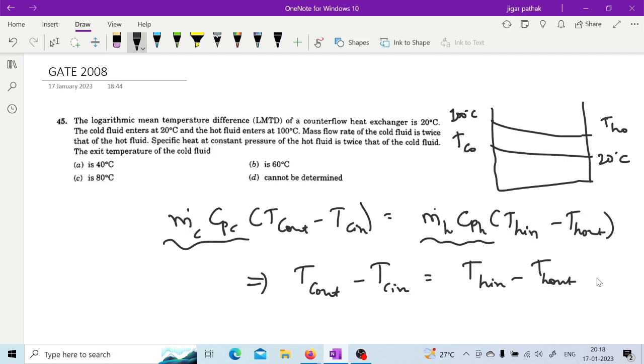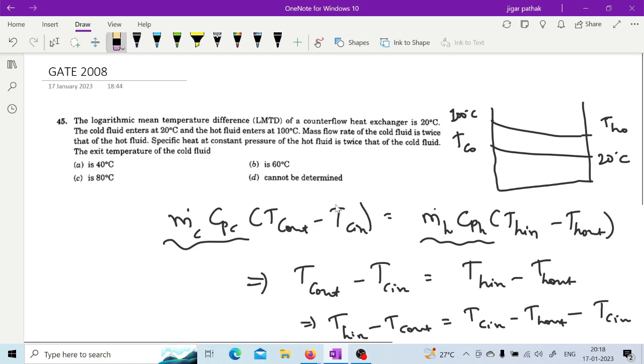So this will again give you TH in minus TC out is equal to TH out minus TC in. Correct?